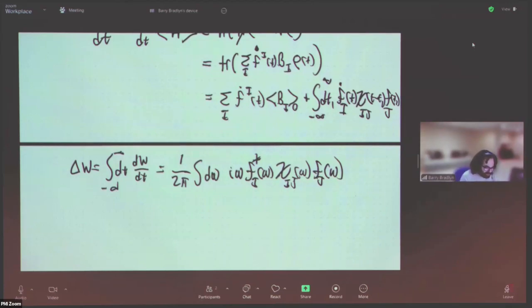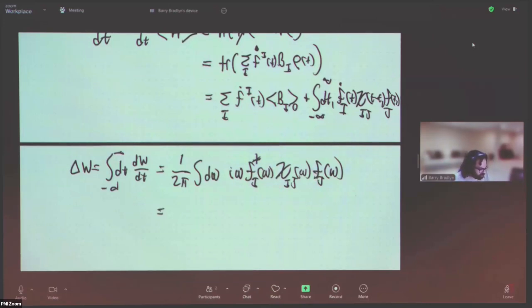But the power dissipated is real. It's a real number. We have an i here. So this thing better give us something totally imaginary, meaning that only the anti-Hermitian part of the response function contributes here.